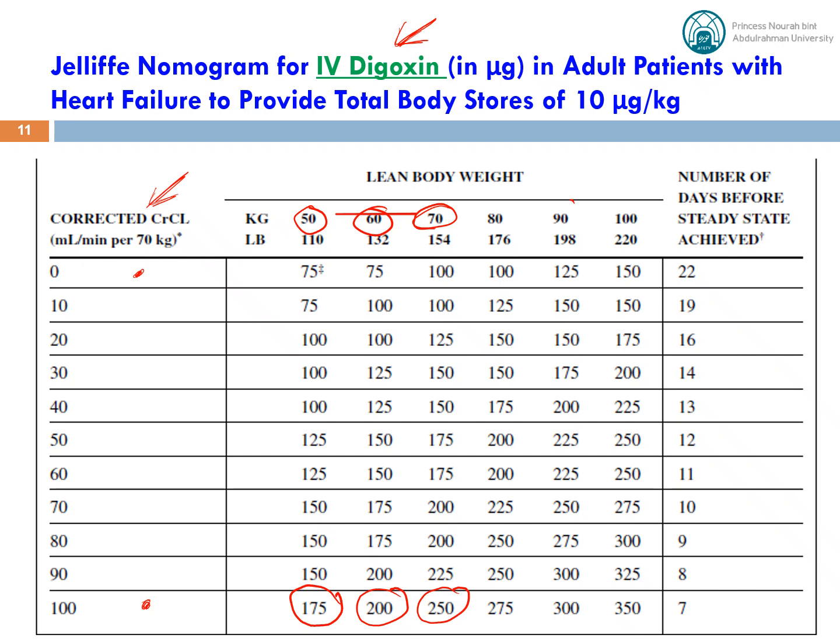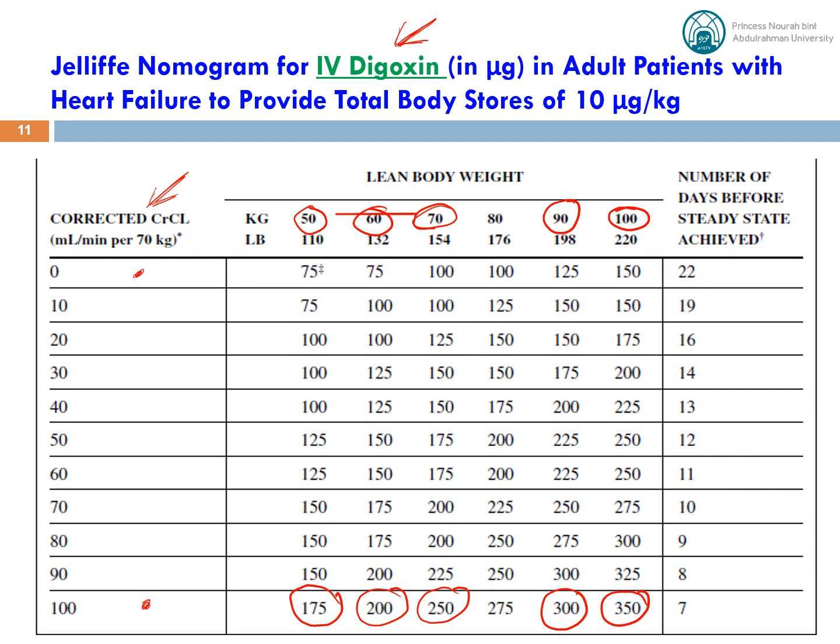Look at this, 90 kilograms body weight, it is 300 microgram compared with 375 microgram for oral. For 100 kilogram body weight patient, it is 350 microgram intravenous dose compared with 500 microgram oral digoxin dose.